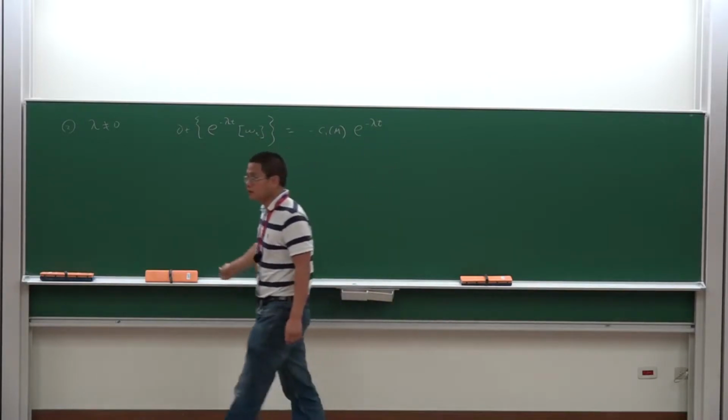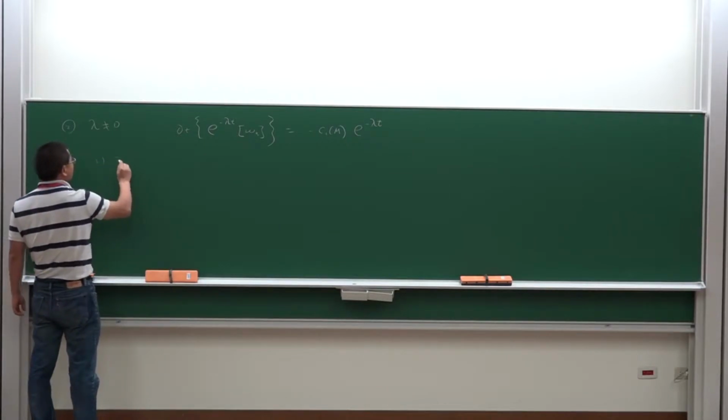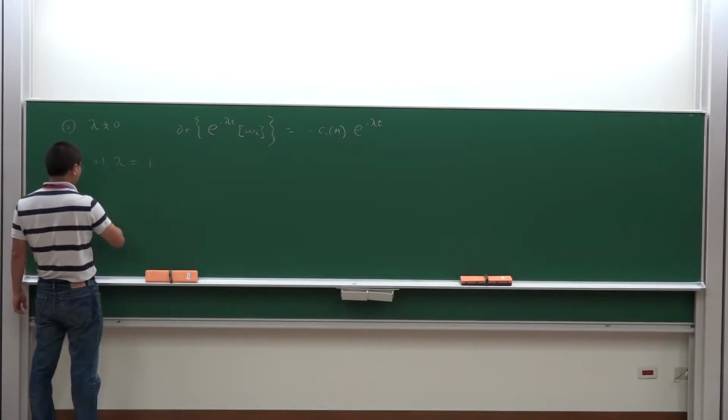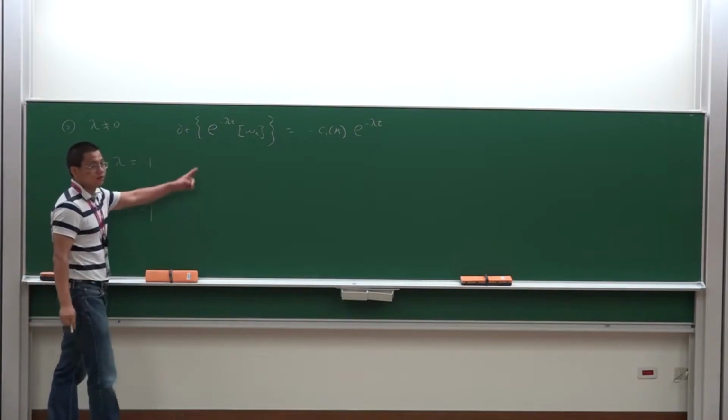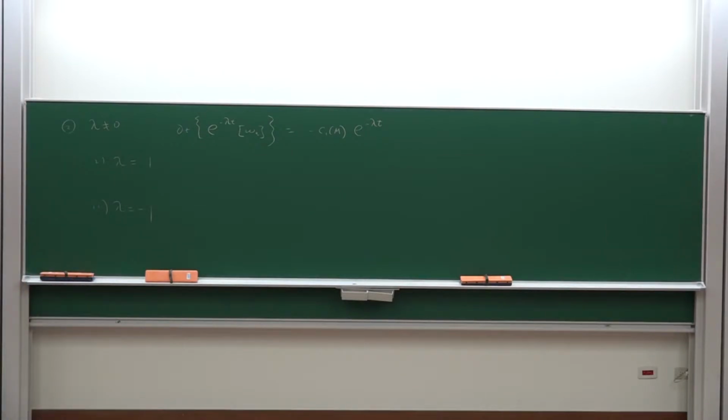Okay, so then I will just copy down the result. The first case is lambda equals 1. Second case, lambda equals negative 1. Now we see what this omega t is. I just copy down the calculation result. This is elementary ODE calculation.